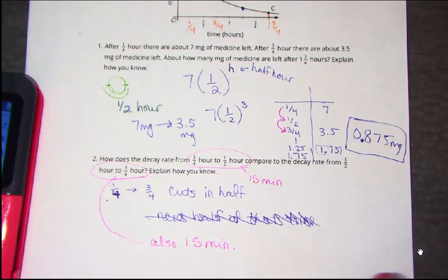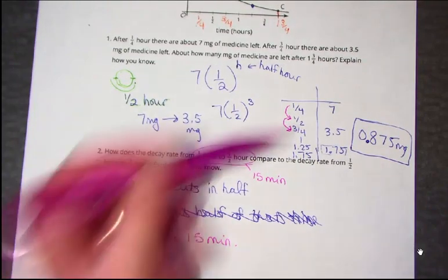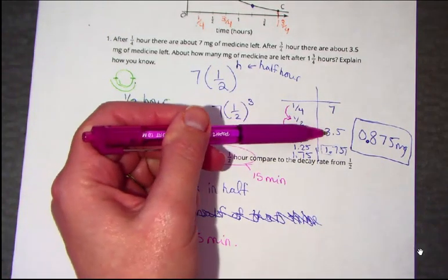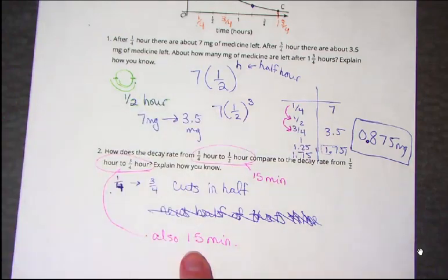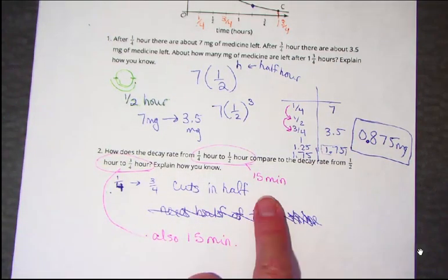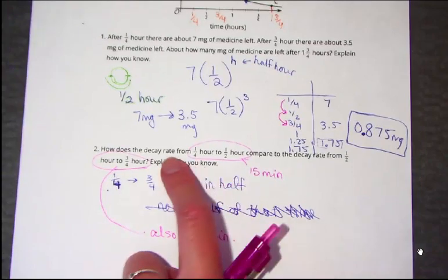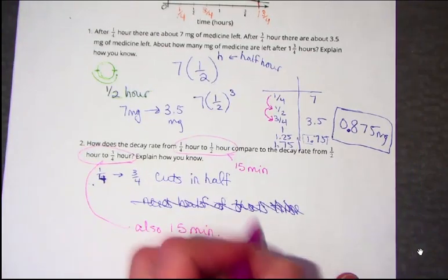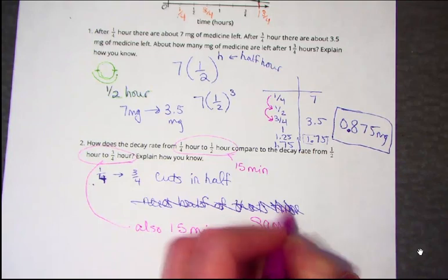And so our big idea here from lesson 5, I don't even know what those values are. But as long as the time is the same, the rate is going to be the same.